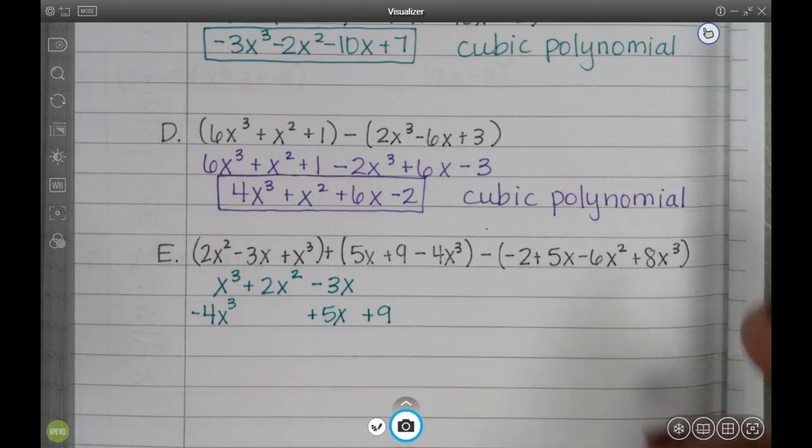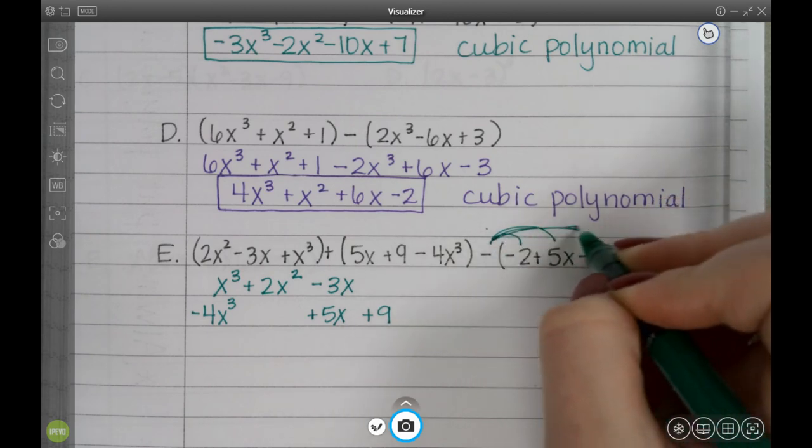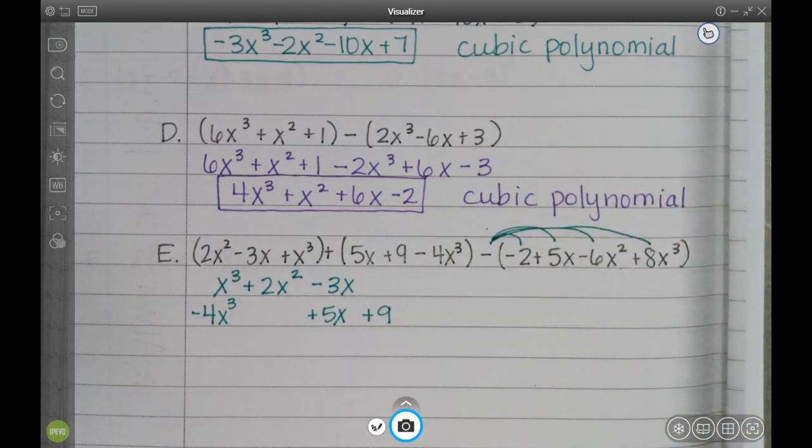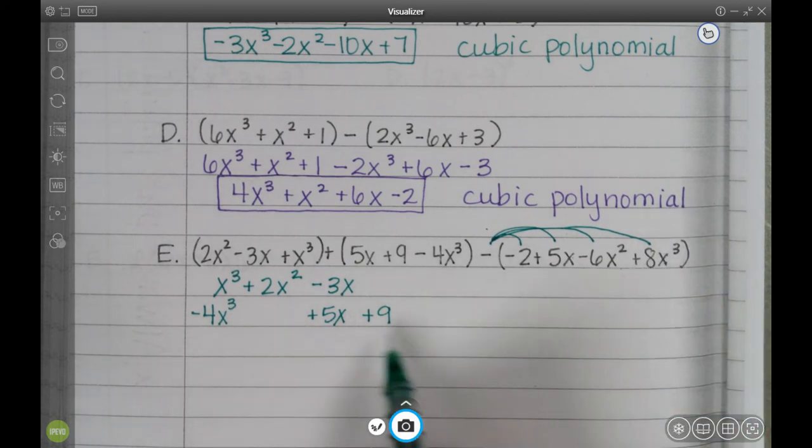And then this last one is a subtraction. So I'm changing all of the signs. So when I write it, I'm going to stack those underneath the other like terms.